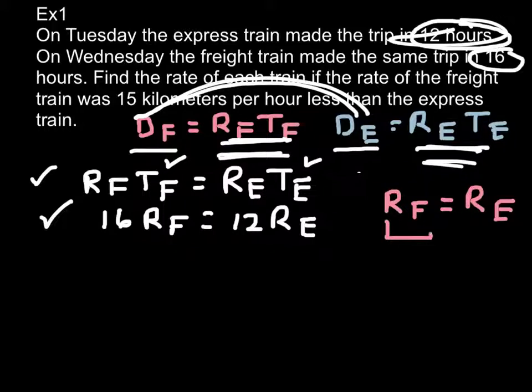So again, think of that science balance. The rate of the freight train was 15 kilometers per hour less. So which side is heavier then? Well, it's this side, because the rate of the freight train was 15 less.